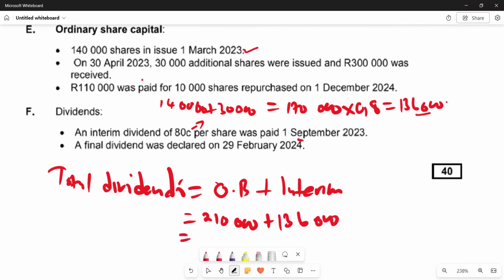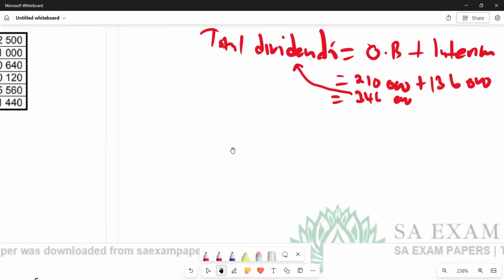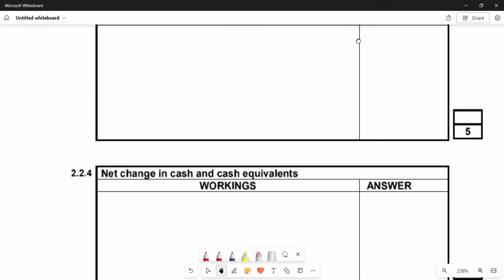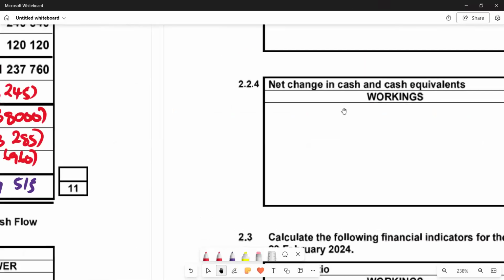So you add on your interim here, it's 136,000. Then the total figure that you are supposed to get there is 346,000. So this is the working that we are just going to summarize. 346,000 becomes the total dividend.